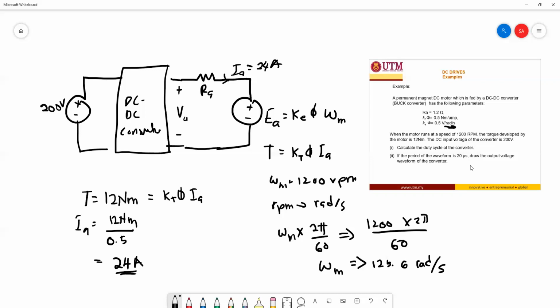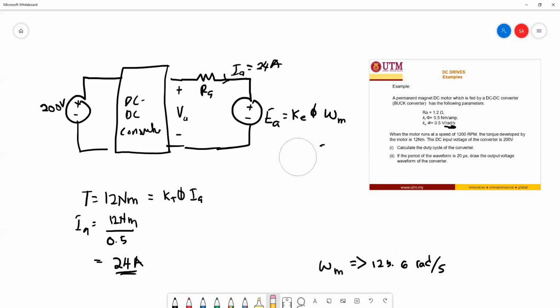Okay, so from here we can calculate your back EMF. So your back EMF EA is 0.5 multiplied with 125.6.